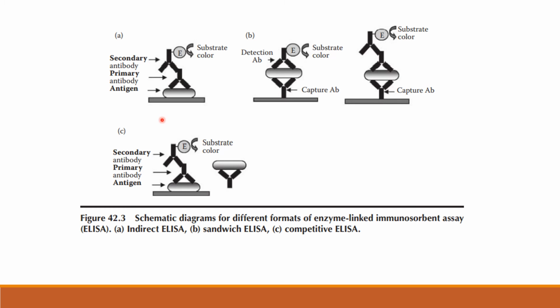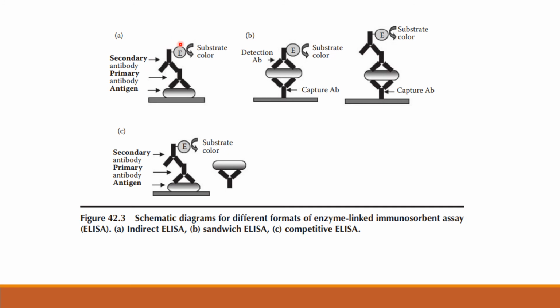Here is the diagrammatic representation of all the different types of ELISAs. First is the indirect ELISA, in which we can see the antigen is immobilized with the plate or the well. This is the primary antibody which needs to be detected in the sample.